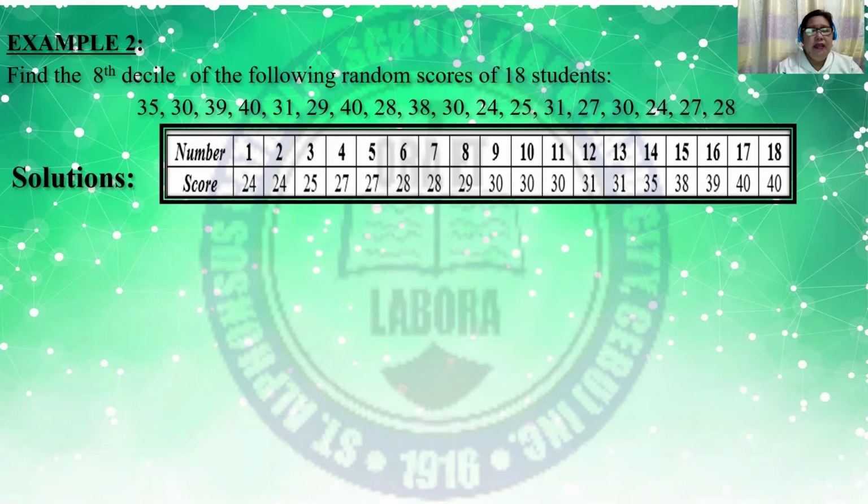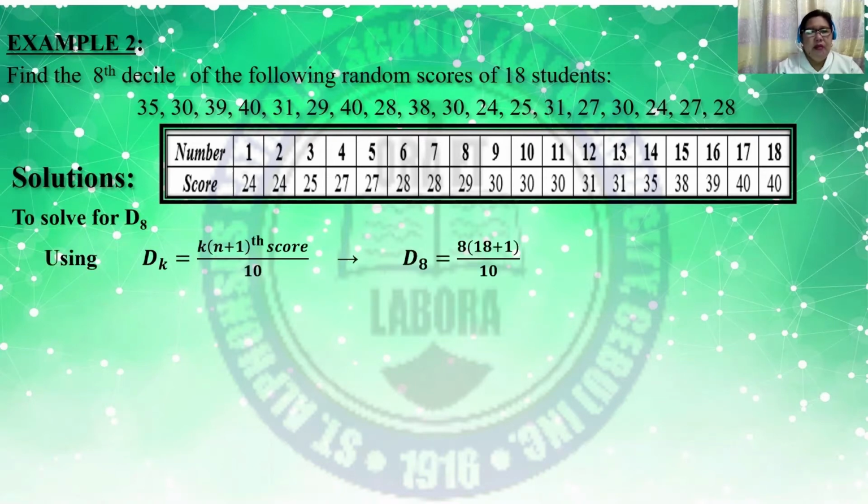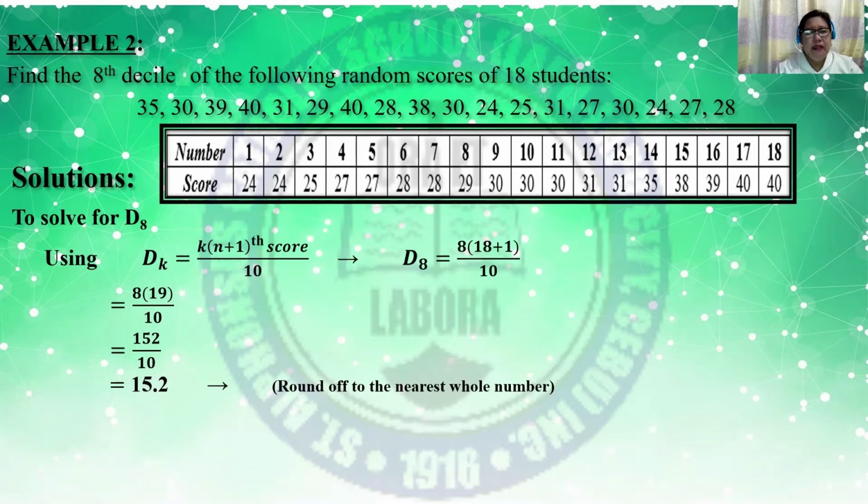To find the eighth decile, using the formula, replace k by 8. So that is 8 times the quantity 18 plus 1 over 10, and that's 8 times 19 over 10. It's 152 over 10, and that is equivalent to 15.2.